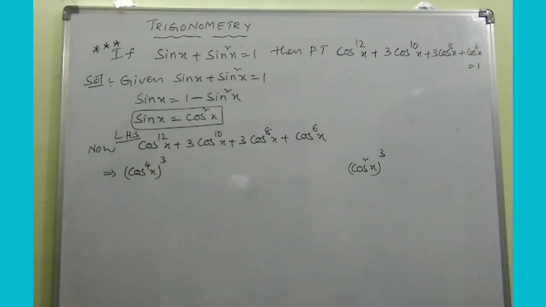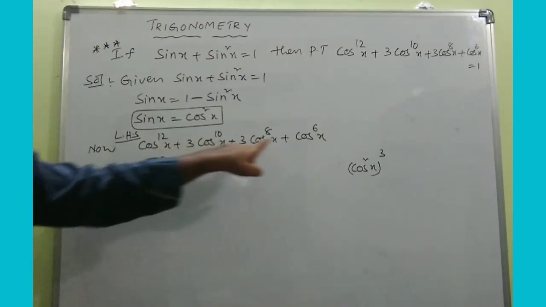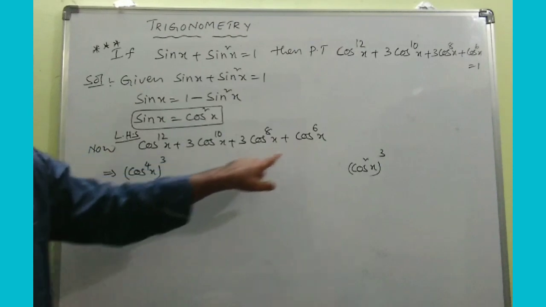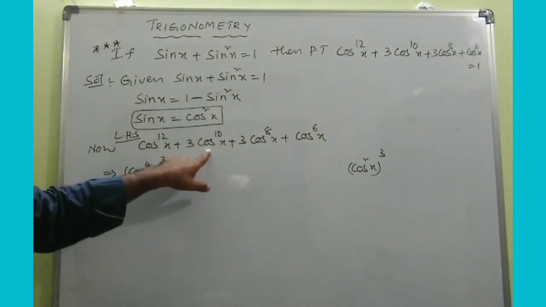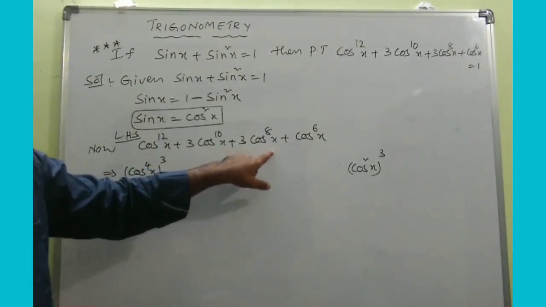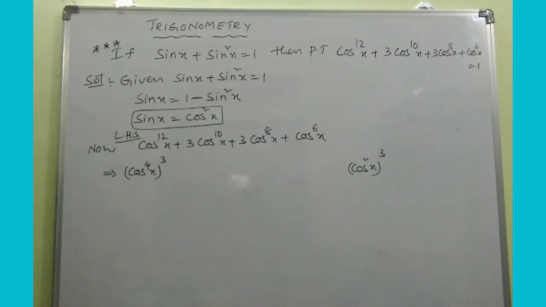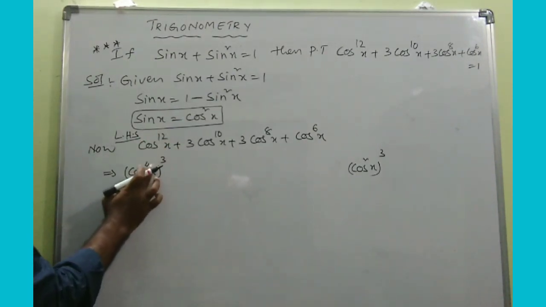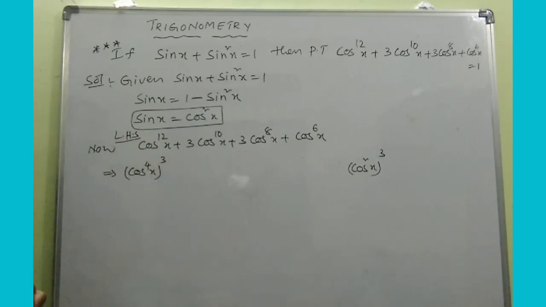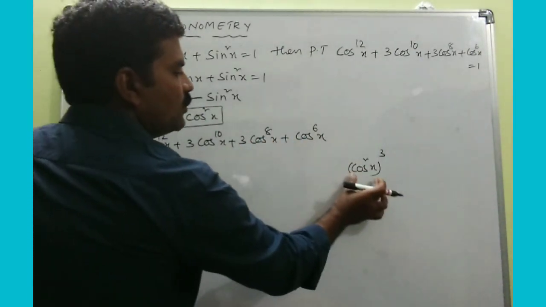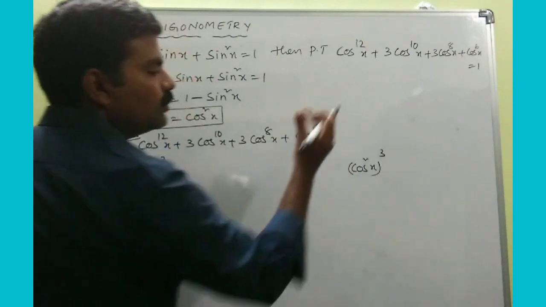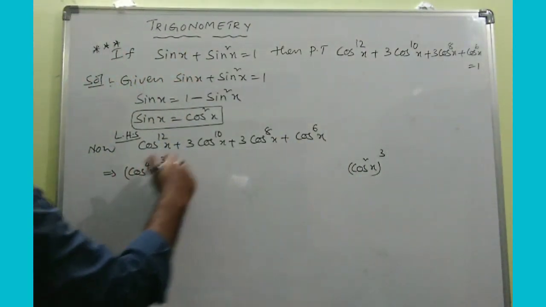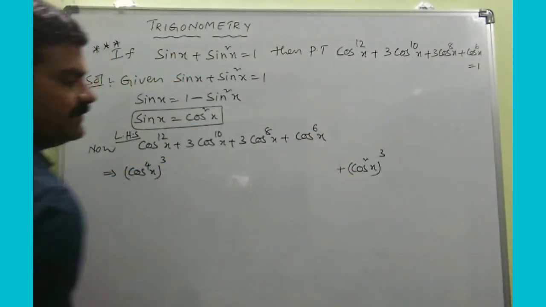Then I got an idea that why not it may be a plus b whole cube. So this is a cube plus b cube plus 3a square b plus 3ab square, isn't it? So according to that, this is in terms of cube, that is cos power 4x whole cube, I can write it. The last one also as a whole cube, I can write cos square x whole cube, I mean a cube plus b cube is also ready.